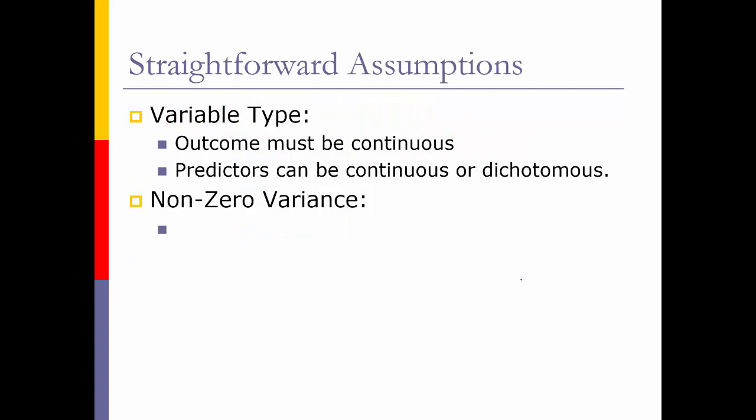We have some pretty straightforward assumptions that we have to meet for multiple regression. Obviously, the outcome must be continuous. Predictors could be continuous or dichotomous, meaning they could be one of two things. We have to make sure that we have a non-zero variance for our predictors, so none of our predictors can have zero variance.